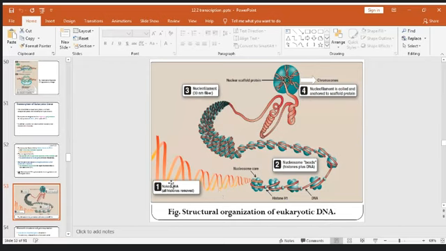However, the naked DNA structure is a double strand. In order to keep this DNA structure in chromatin, our body needs to complex it with the histone proteins. So it undergoes histone binding, as you can see here.